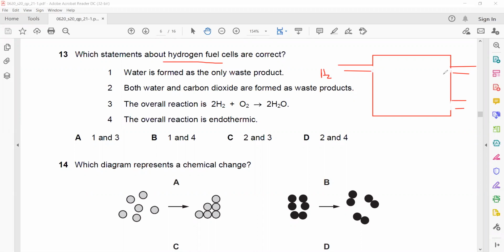So hydrogen and oxygen react to form water and release energy, which we can use. The electrical energy can be in any form depending on what purpose we are using it for.